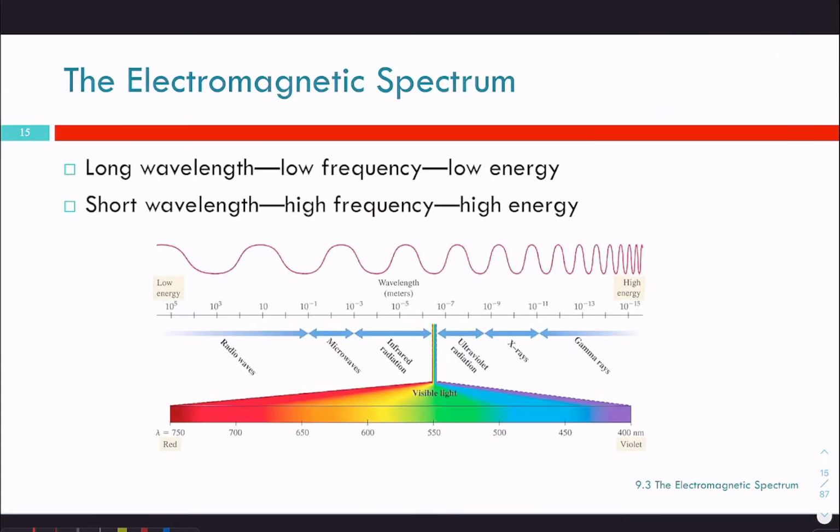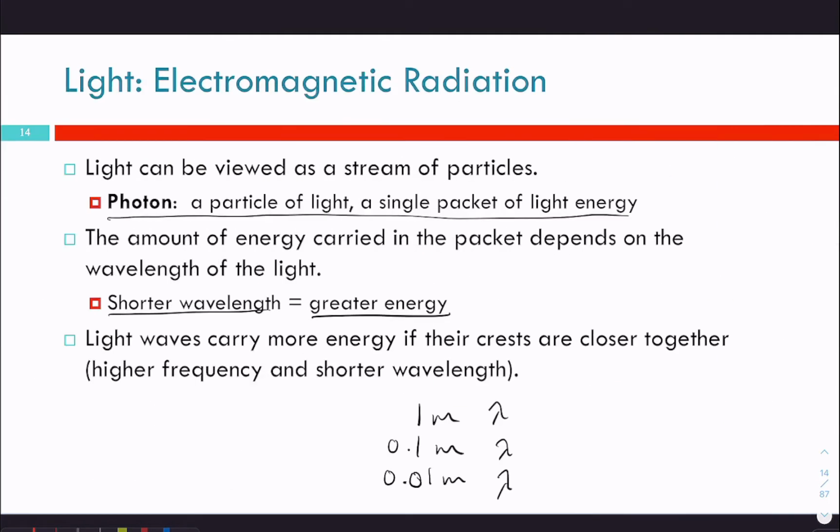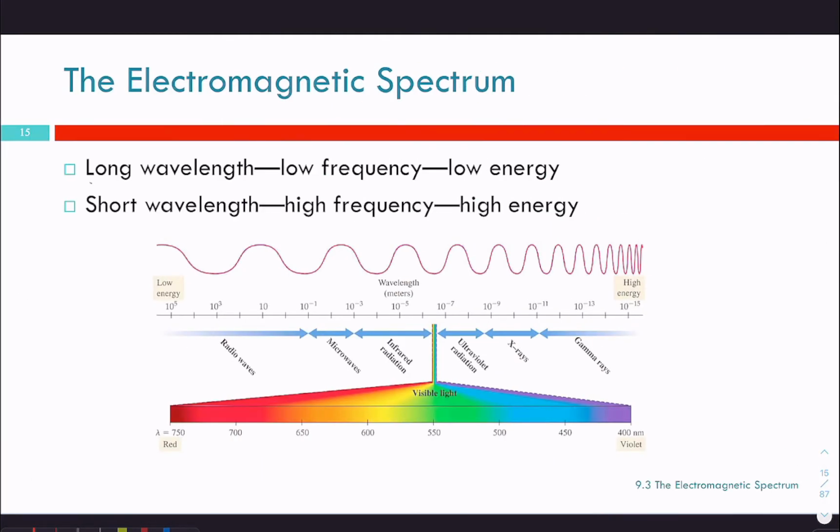So long wavelength, low frequency, low energy. You can think of it as all L's. Doesn't quite carry over for short wavelength, but short wavelength means high frequency, high energy.